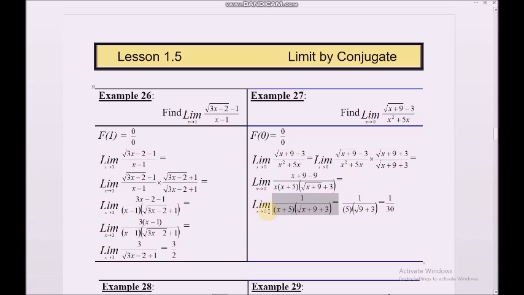Using 0 for substitution, as you see here, x plus 5 means 0 plus 5, which is 5. Square root of 0 plus 9 is root 9, which equals 3.